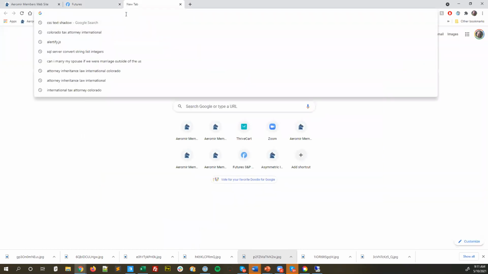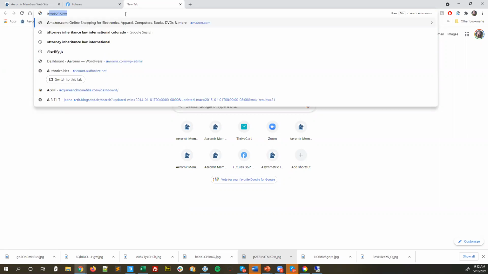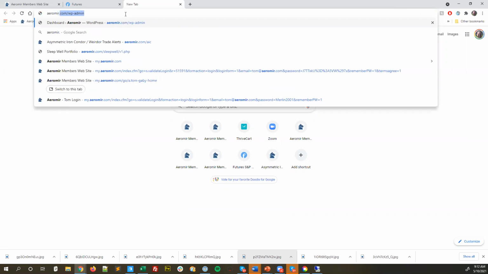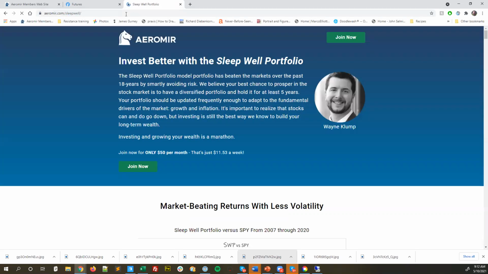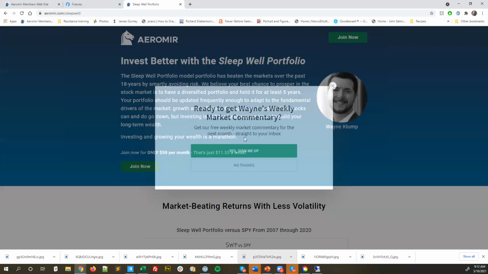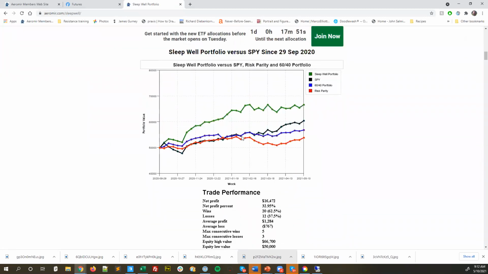Awesome. I noticed on the price updater, I think the gold, and which one was it? RPAR wasn't updating, so I have to fix that. But I've updated this on the sleep well page down here, so this should be current.